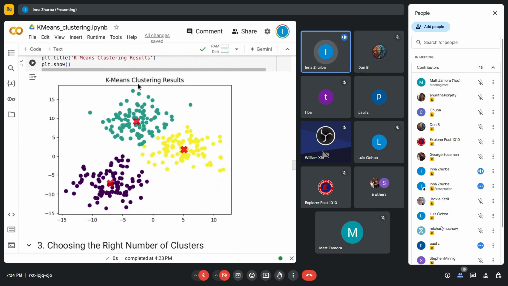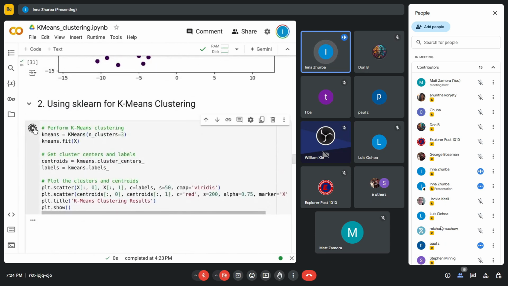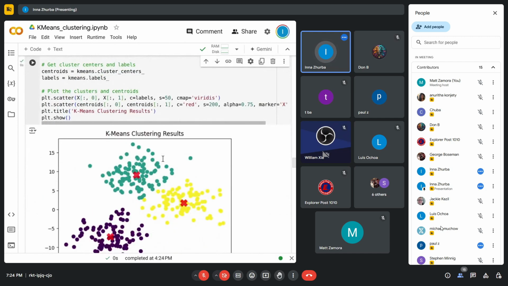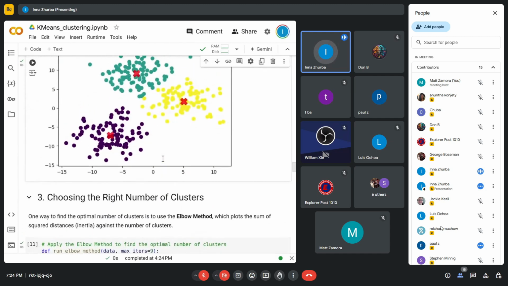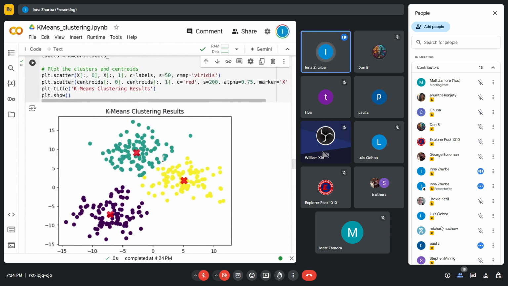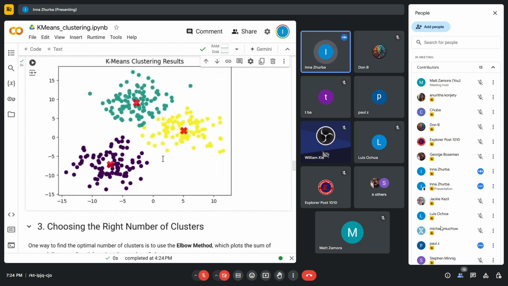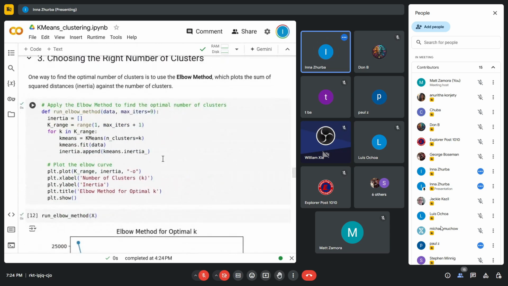So these are the results of k-means using sklearn, which are just as good as our algorithm that we implemented there.